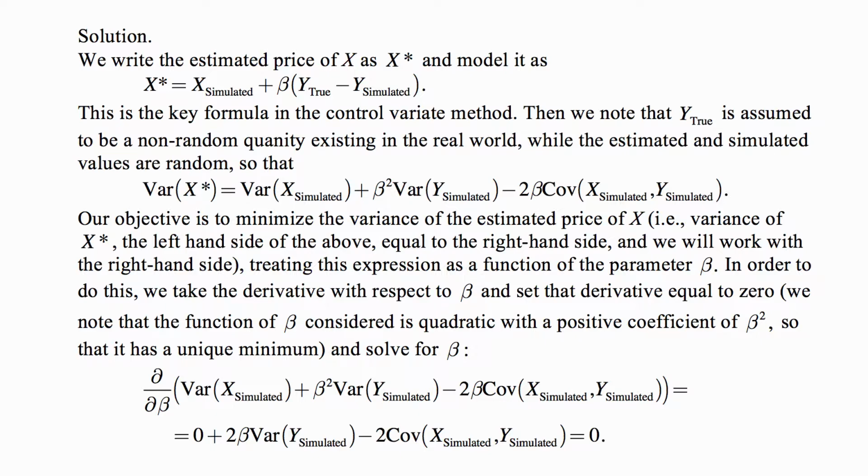So the control variate method makes an adjustment to the simulated value of X by having the estimated price X star modeled as the simulated price plus beta times Y true value of the other option, for which we have all the information, minus Y simulated, where the simulated value for that other option Y is calculated using the same type of simulation that we are doing for X. The expression Monte Carlo is just a name, but it simply means that you're using simulation to estimate the value.